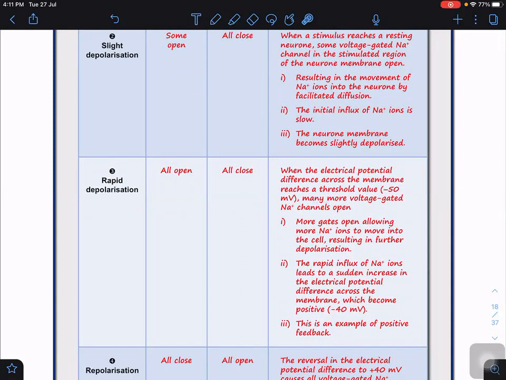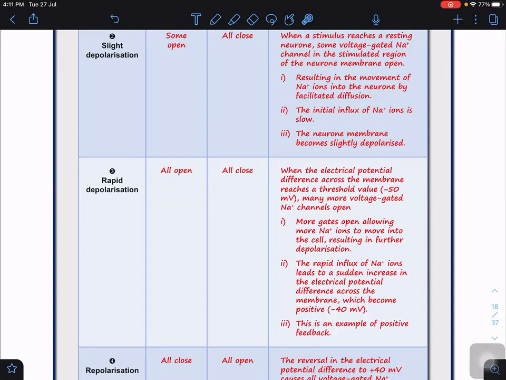Then many more, even all, voltage gated sodium ion channels open. When more gates open, more sodium ions move into the cell, resulting in further depolarization. This rapid influx of sodium ions leads to a sudden increase in the potential difference until it reaches 40 millivolts.